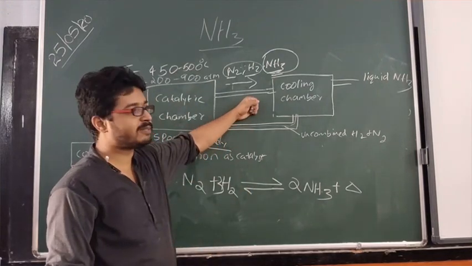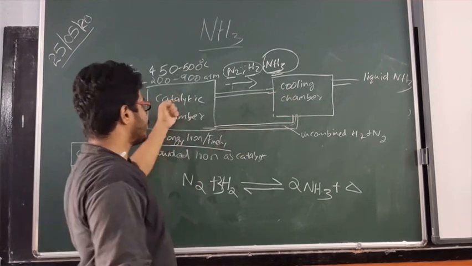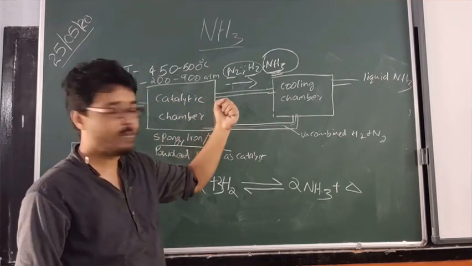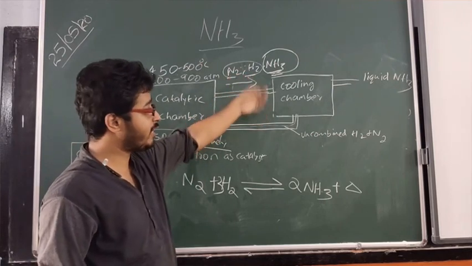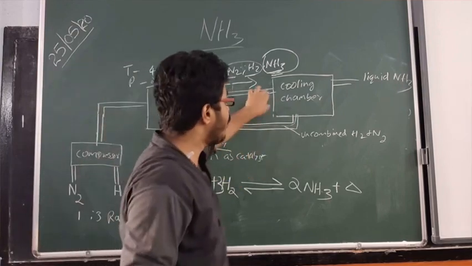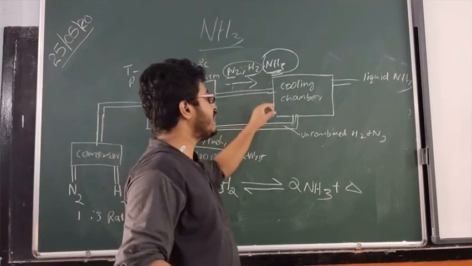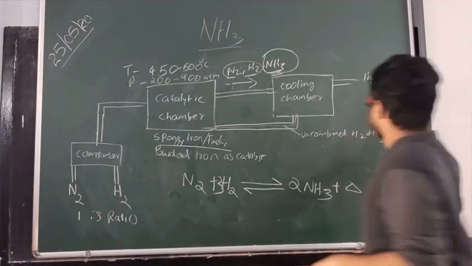All the gaseous part remaining in the cooling chamber is transferred back into the catalytic chamber. Cooling, or in other words liquefaction, is taking place here. Whatever is liquefied inside the cooling chamber is taken outside.